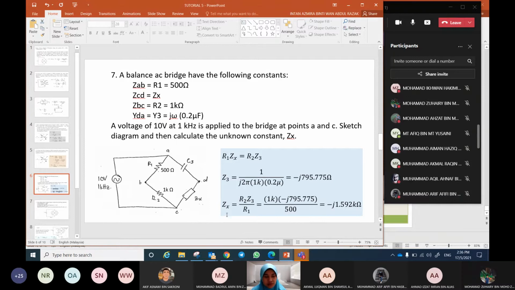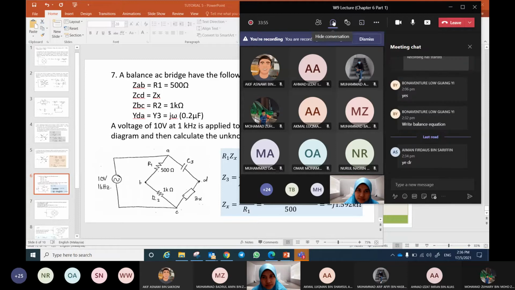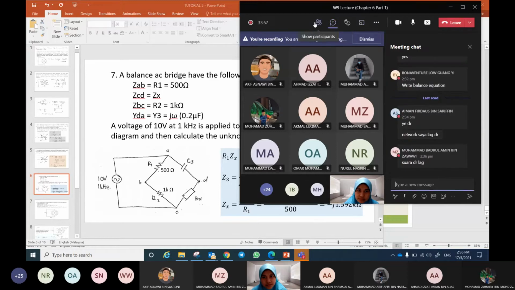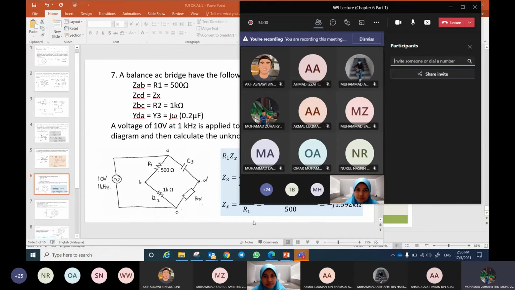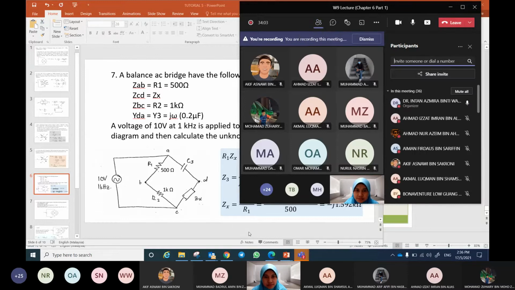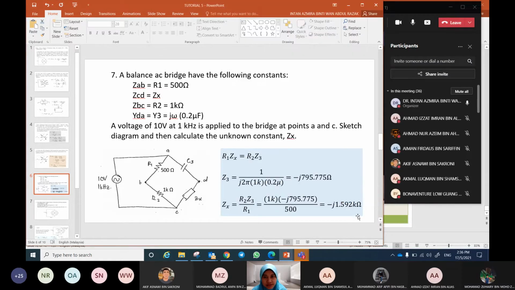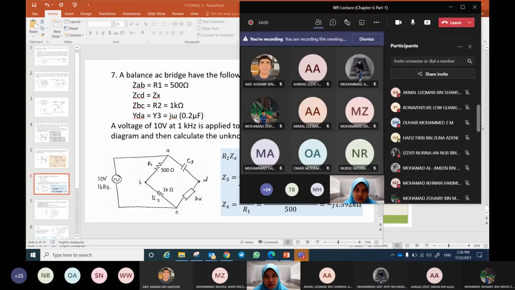Is it a resistor, capacitor, inductor, or combination of? Resistor. Okay. Anyone want to try?